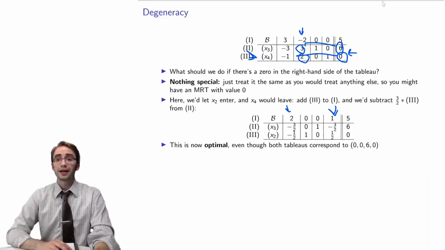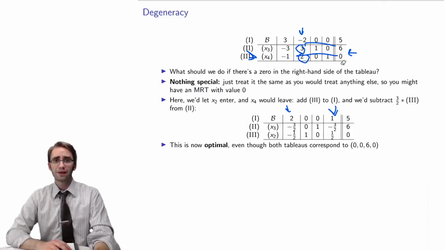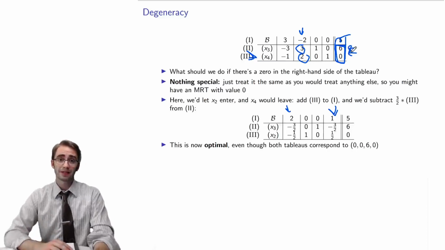I will also say another question that comes up is, what do you do if you have negative values in that right-hand side? My answer is, if you have a negative value that shows up here in your right-hand side, or actually in the upper right, that's fine. But if you have values here in that minimum ratio test that are negative, it means you have made a mistake, because remember that these entries here are the actual values of the basic variables.